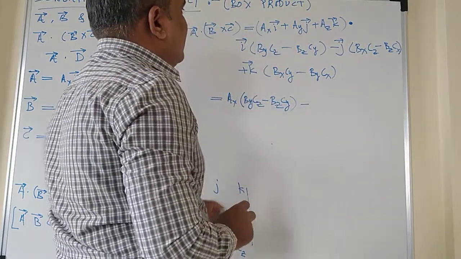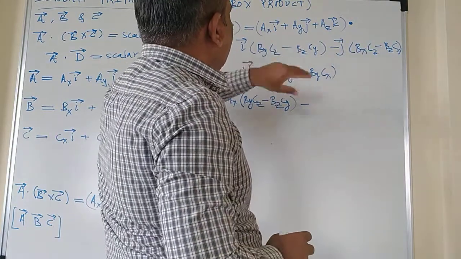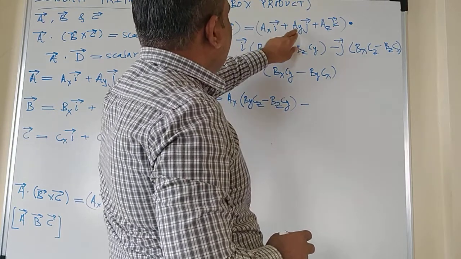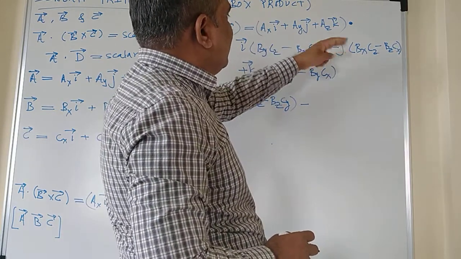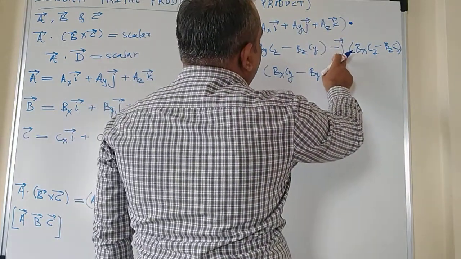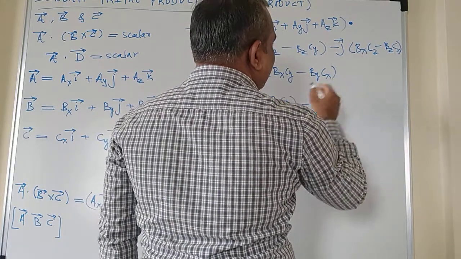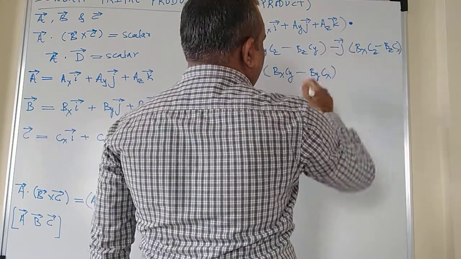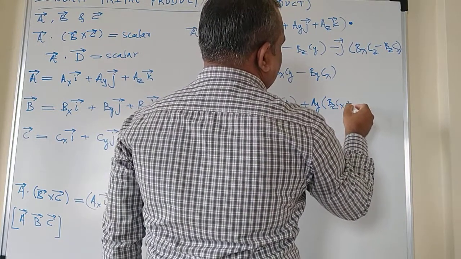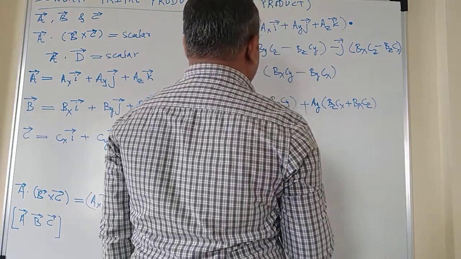Minus, shall I write this as a plus and these terms will be reversed, and j dot j will be 1, other terms will be 0, and ay into bracket, I will write these terms reversed, so bz cx minus bx cz.